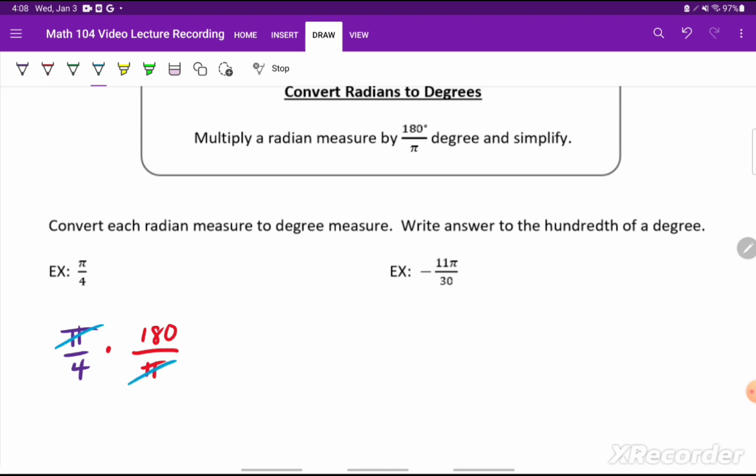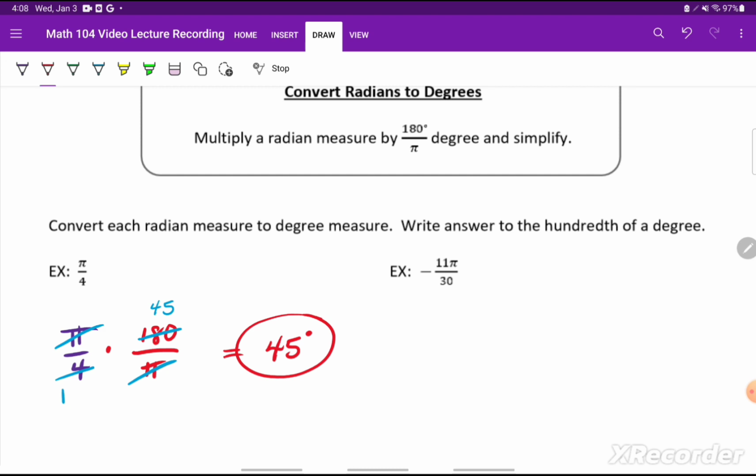And notice that those pi's totally cancel out. And then I can simplify 4 and 180. They're both divisible by 4. 4 goes in here once. 4 goes into 180 45 times. And then multiplying straight across, we get 45 degrees.